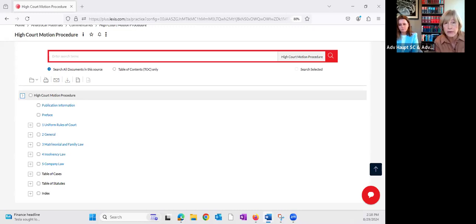They're not necessarily mutually exclusive. So while you may have instituted action for relief, that same action may finally be resolved by way of an application for default judgment. So keep an open mind and make sure that you get to know your Uniform Rules of Court if you're practicing in the High Court, and if you're practicing in the Magistrates Court, you need to know the rules and the Act.